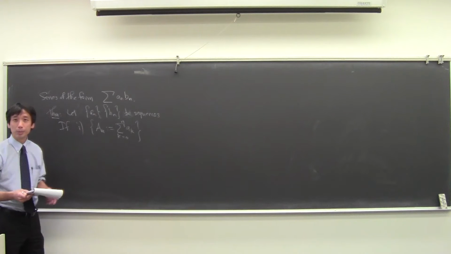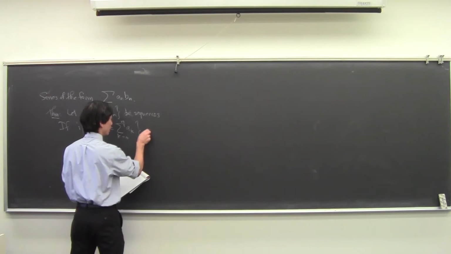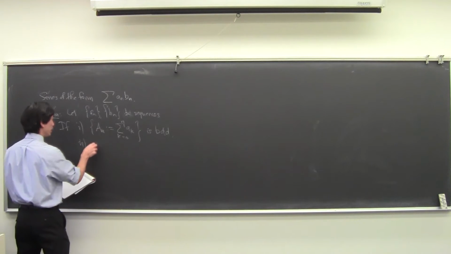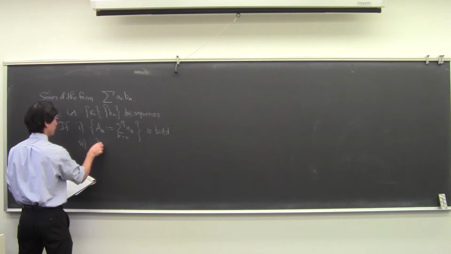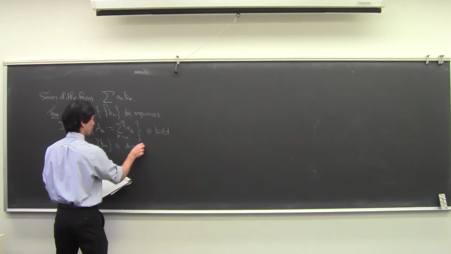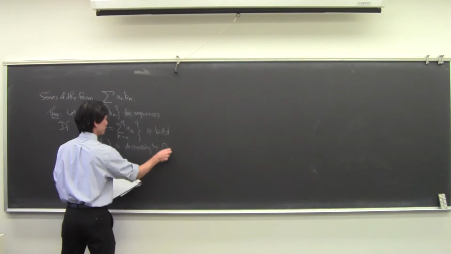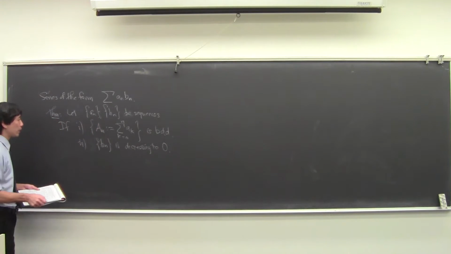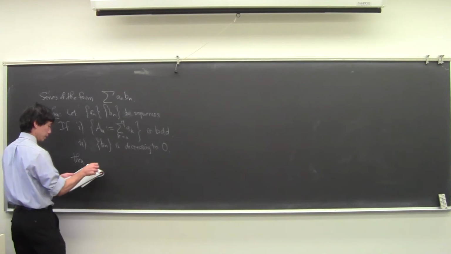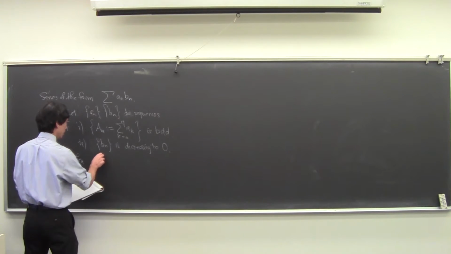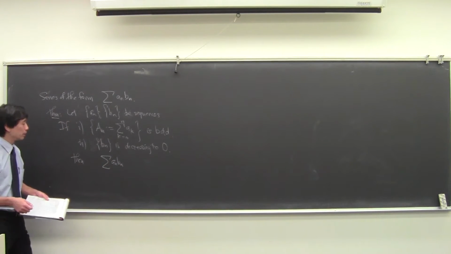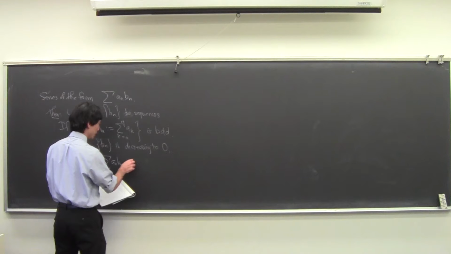That's the sequence of partial sums, right? If the sequence of partial sums of A is bounded, and two, if Bn is decreasing to 0, right? Then the sequence of the sum of the termwise products converges.